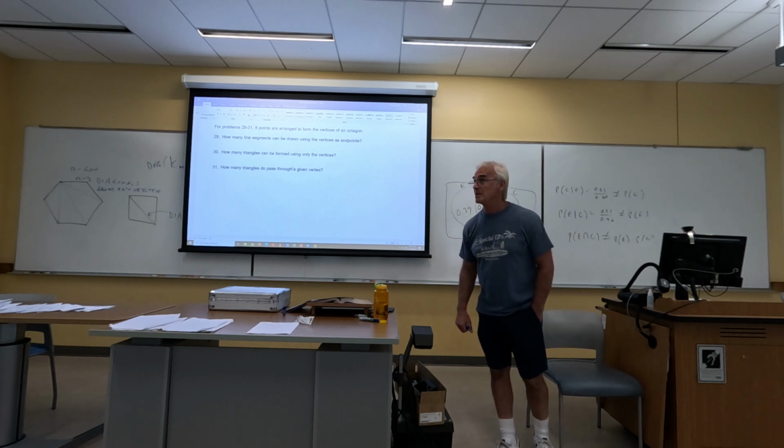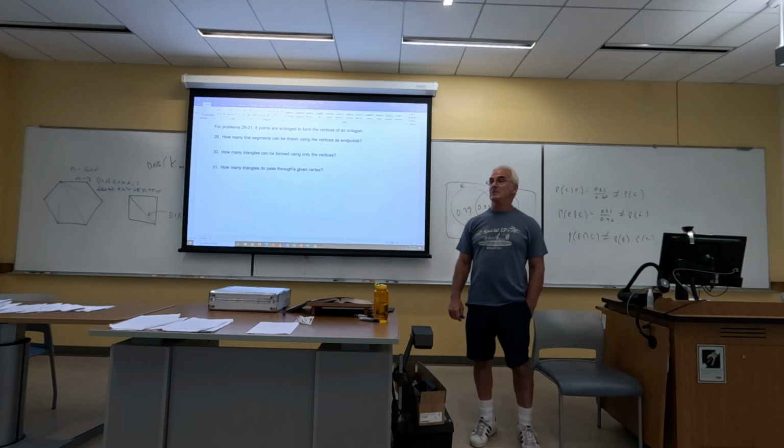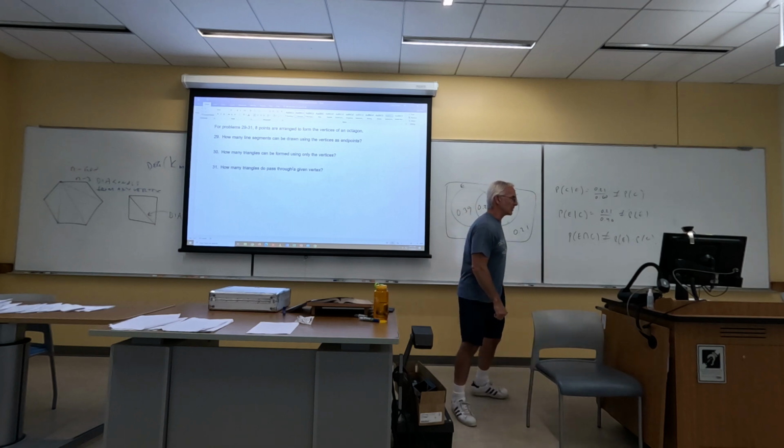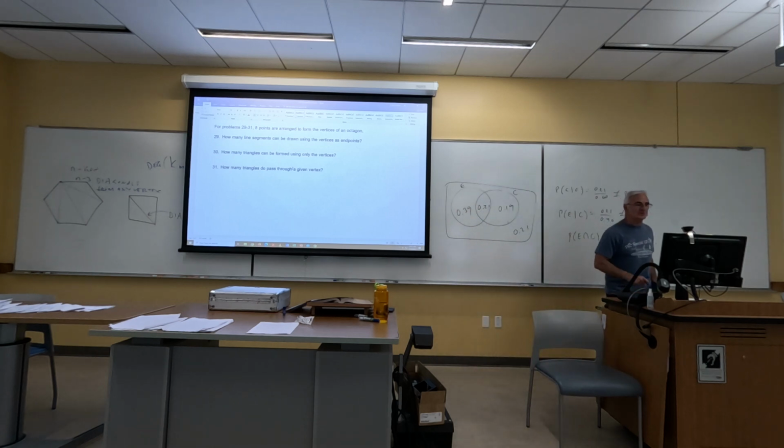Yes. Okay, 7 choose 2 is, we said, 21. So from any one vertex, sorry, what was the question? How many triangles pass through any one vertex? So if I pick that vertex, how many triangles? Well, I need to select the other 2 vertices.